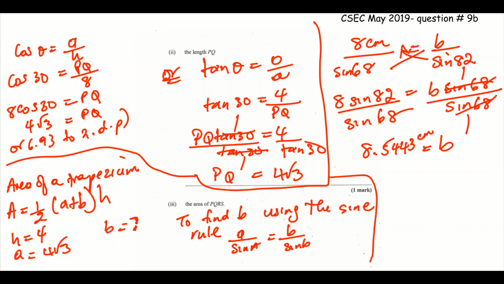Sorry for my mess. I hope you're following though. So A is equal to half times (4√3, which is 6.93, plus 8.54) times the height, or perpendicular height, which is 4.